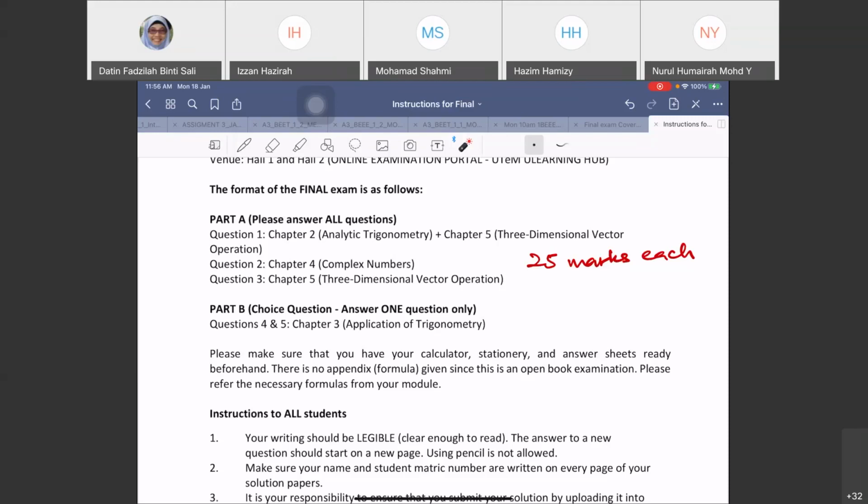But I think complex numbers and vectors are just a matter of computation, a calculation. It can be quite lengthy depending on the question. Basically, chapter 5 vectors is not really that difficult if you have understood during the lesson, like just now what we talked about: cross product, finding the area of a triangle, the area of a parallelogram, the volume of a parallelepiped, or even finding the cross product and the dot product.